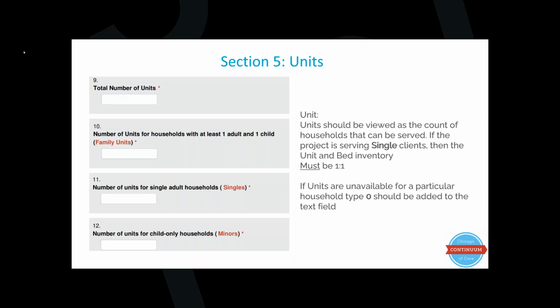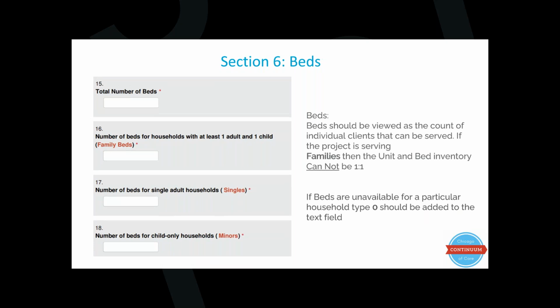So keeping the same example for beds, since we have 20 total units, let's say we have 30 total beds, which means that, again, our family beds cannot be 1-to-1. So if we had 10 units for families, then we need to have at least 20 beds for those units for it to make sense.